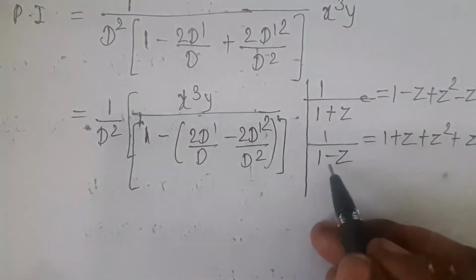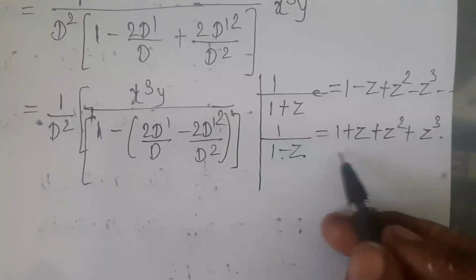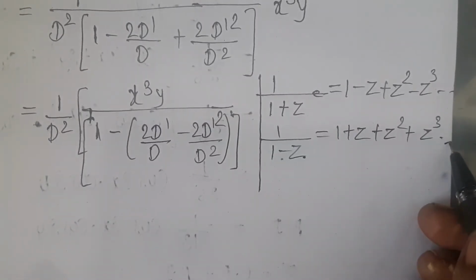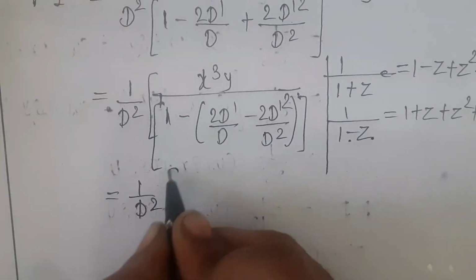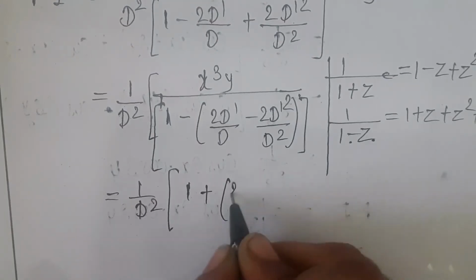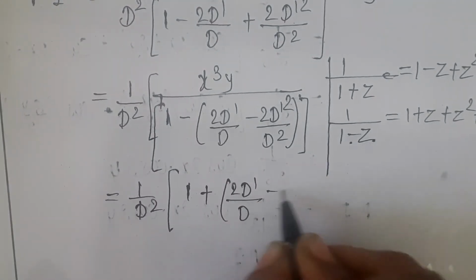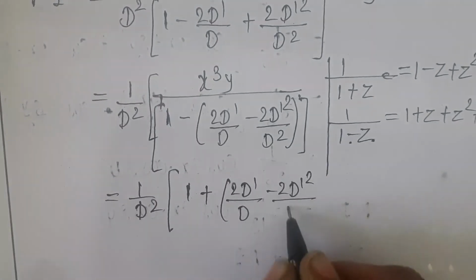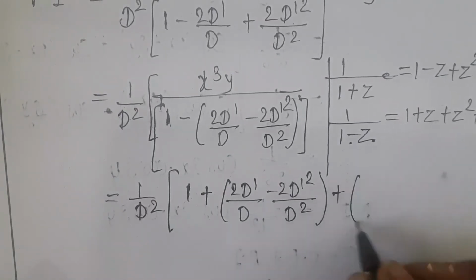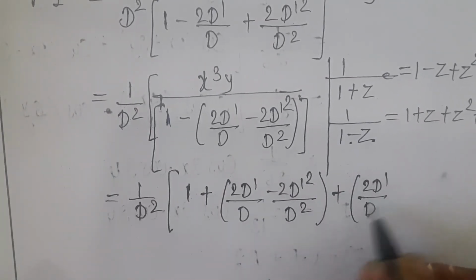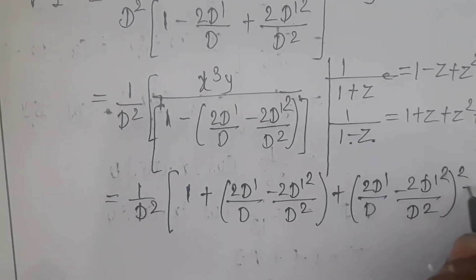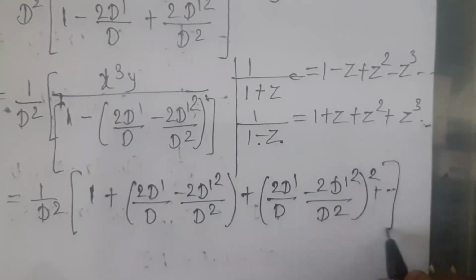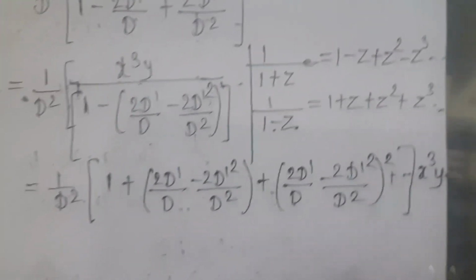It is in the form of 1 minus z. 1 minus z means all powers of z are plus and increasing power of z will be there. So it is equal to 1 upon D square in bracket 1 plus 2D dash by D minus 2D dash square by D square plus 2D dash by D minus 2D dash square by D square whole square and so on, multiplied by x cube into y.